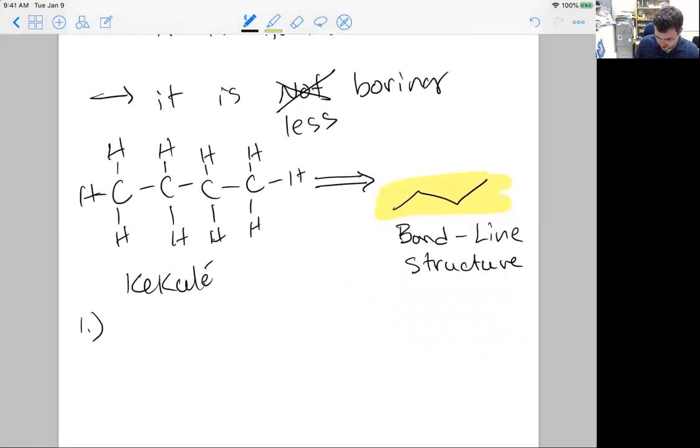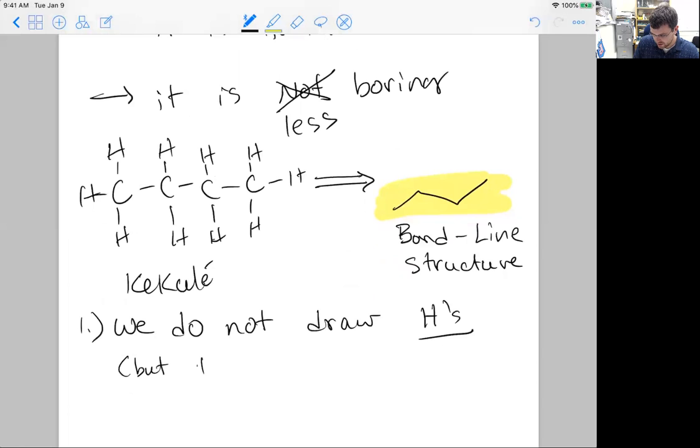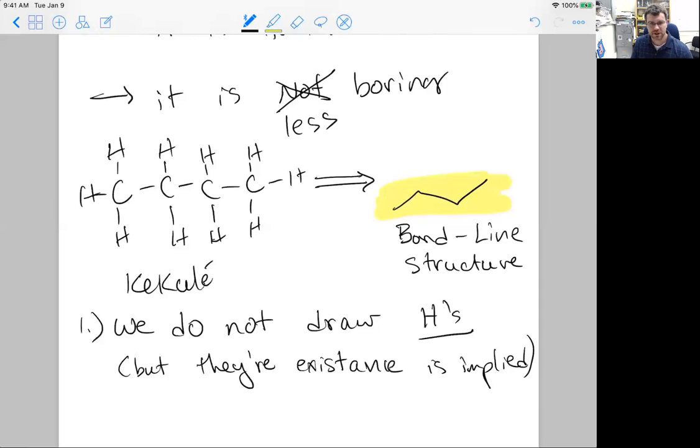Number one, we do not draw H's, but their existence is implied.